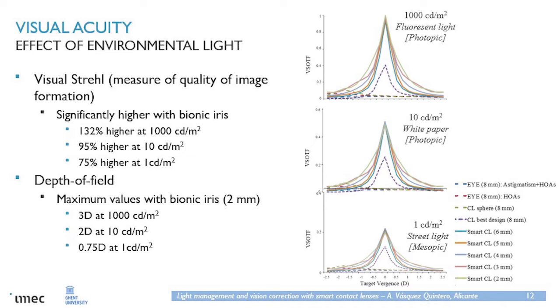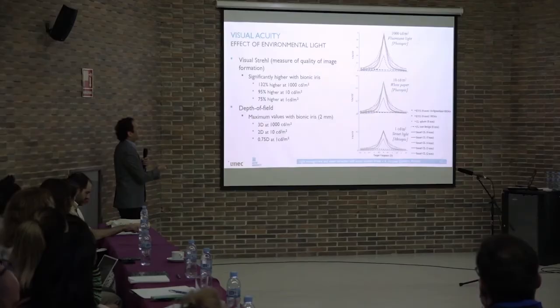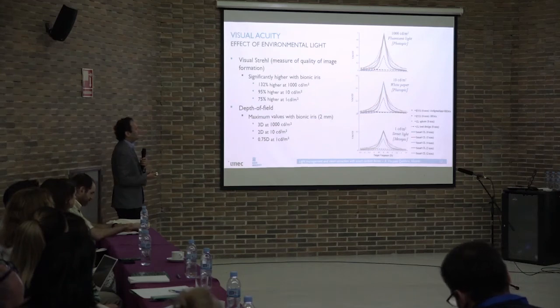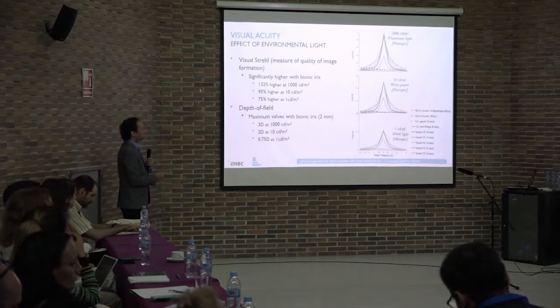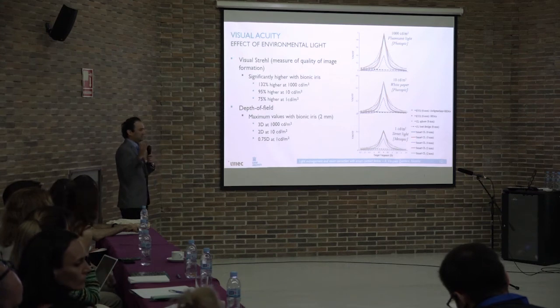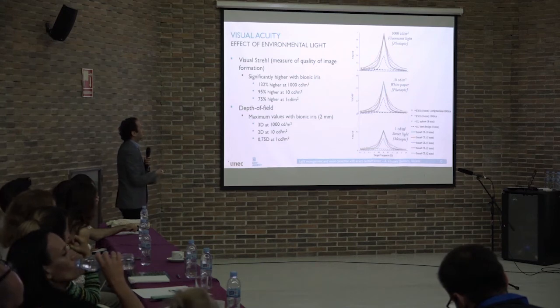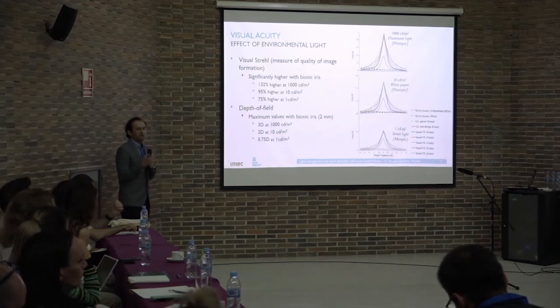So then the visual strength is actually the magnitude of these peaks. The higher, the better. And then when we don't have any contact lens, then we have a curve that goes only until this height over here, so relatively low for the patient we saw before. And actually when we put the smart contact lens and we do the same, we close the pupil to 5, 4 until 2mm, then we saw how the visual strength, so the quality of the image, was improved.